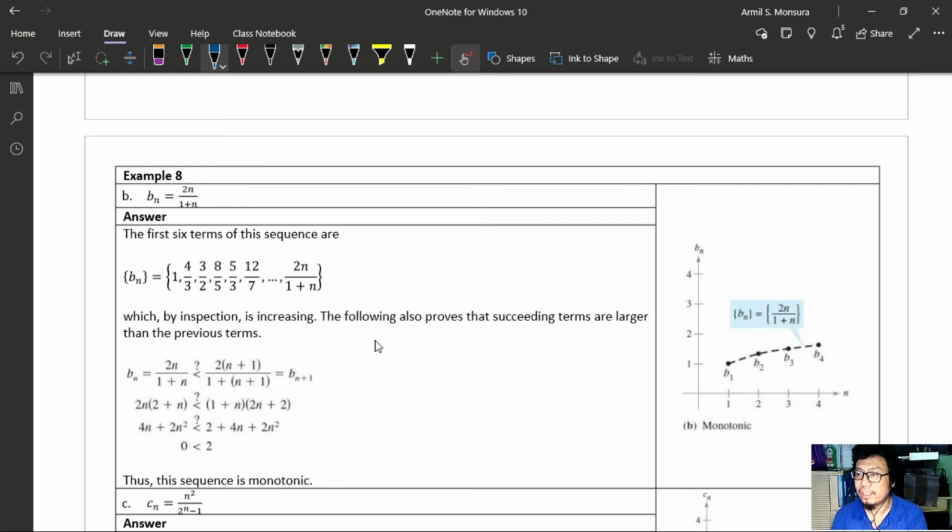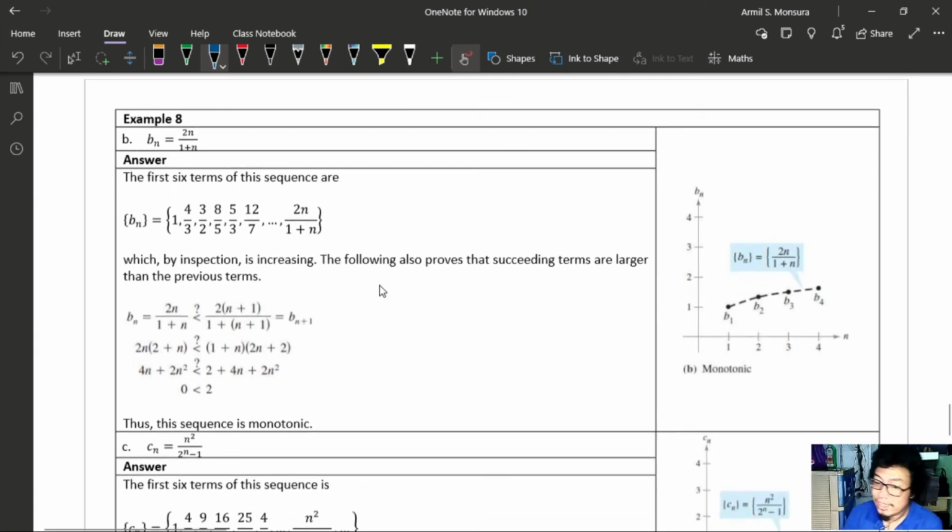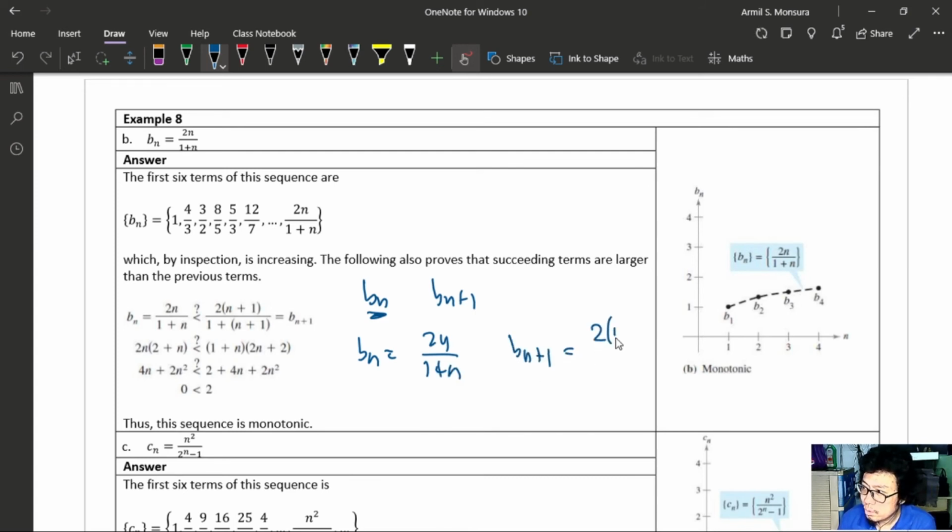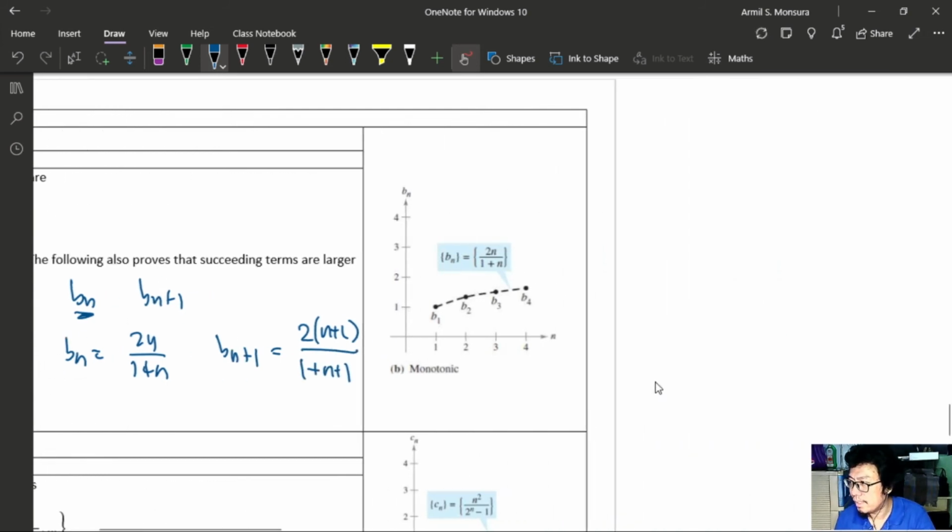So how do we do that analytically? We want to compare bn and bn plus 1. bn is the nth term, and bn plus 1 is the next term. If bn is 2n over 1 plus n, then bn plus 1 is 2 times n plus 1 over 1 plus n plus 1. Let me write it here.